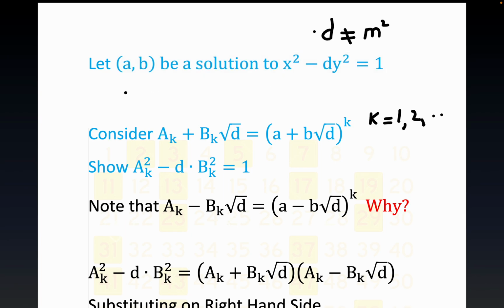That is, in other words, we're trying to show that a sub k comma b sub k. I'm using the upper and lower case here. I know it's a little cumbersome, but you run out of letters in a hurry when you're doing this stuff. So you have a sub k. We're trying to show that this is also a solution.